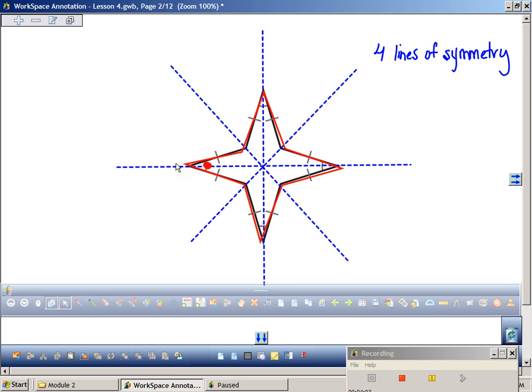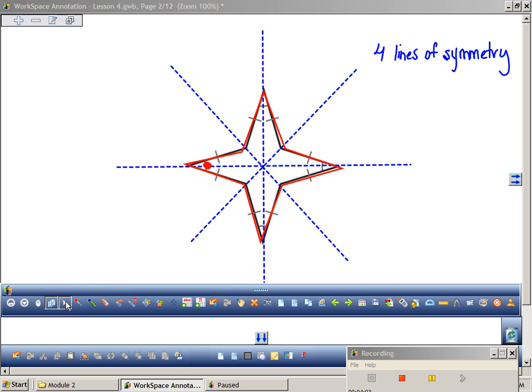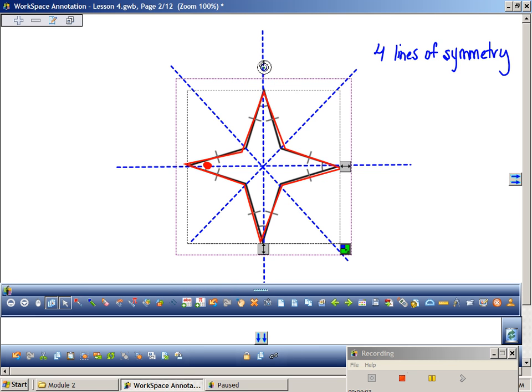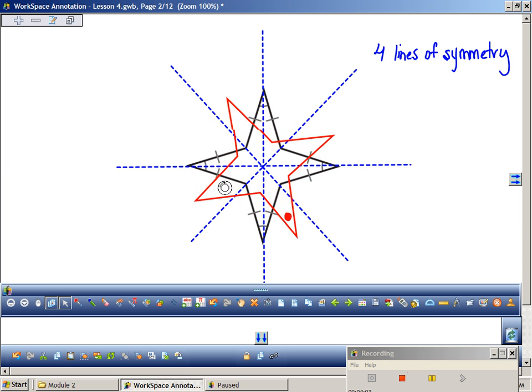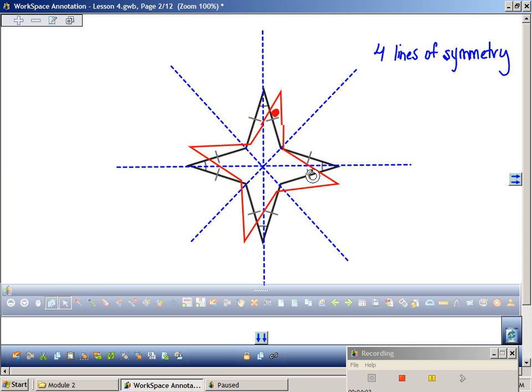How many times can I get symmetry? 4 times. You're guessing 4 times? 2. 3. 4.